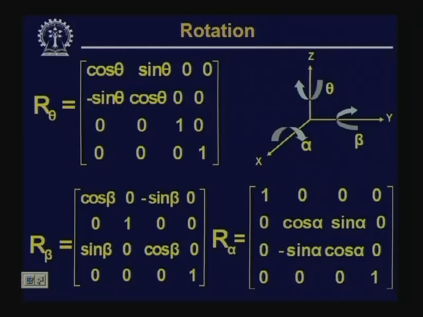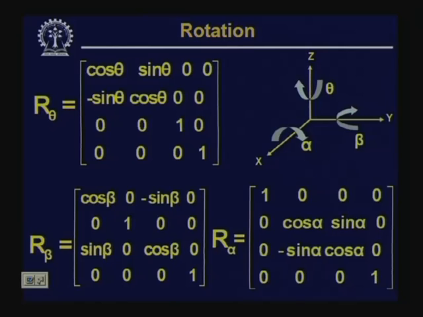Similarly, when I rotate the point around the y axis, the angle of rotation is given by beta. So, r beta as given in this particular case gives you the rotation matrix, and if you rotate the point around the x axis, where the rotation angle is given by alpha, r alpha gives you the corresponding transformation matrix for rotation along the x axis.